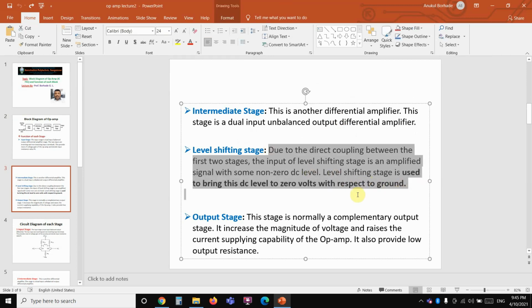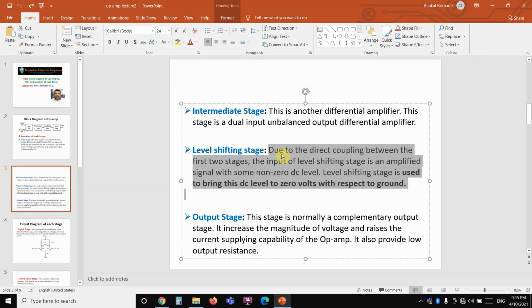direct coupling between the first two stages, the input stage and the intermediate stage, the output of the intermediate stage has AC as well as DC signal.